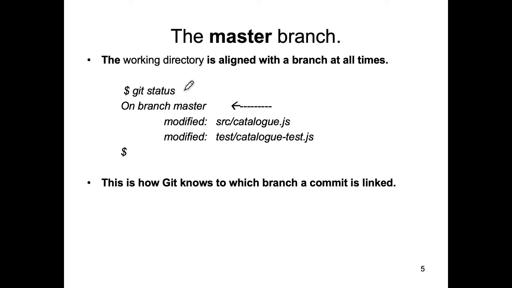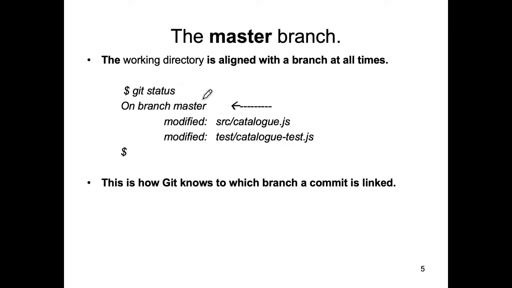When you type the git status command, it tells you immediately, as well as telling you what changes you've been making to your working directory. And so when we get to the stage where we'll have multiple branches, this is how Git knows which branch you're committing to. Because if you type git status first, that'll tell you which branch you're on.